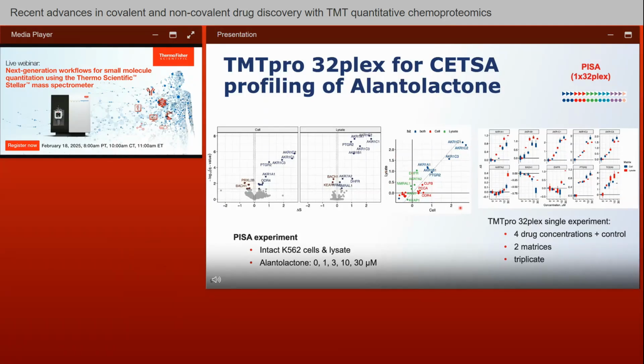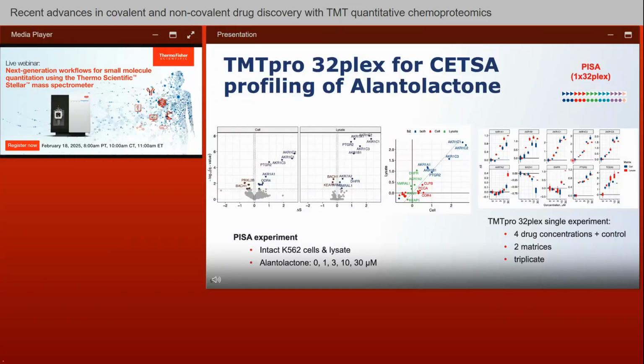What we can see here is that there is a set of proteins which behave exactly the same between intact cells and the lysate, but there are also some thermal stability shifts which are more predominant in either the lysate or intact cell experiment. Having multiple concentrations in one experiment is very useful when you want to profile unknown compounds, and here to the right we can see concentration response profiles for selected significant protein hits.